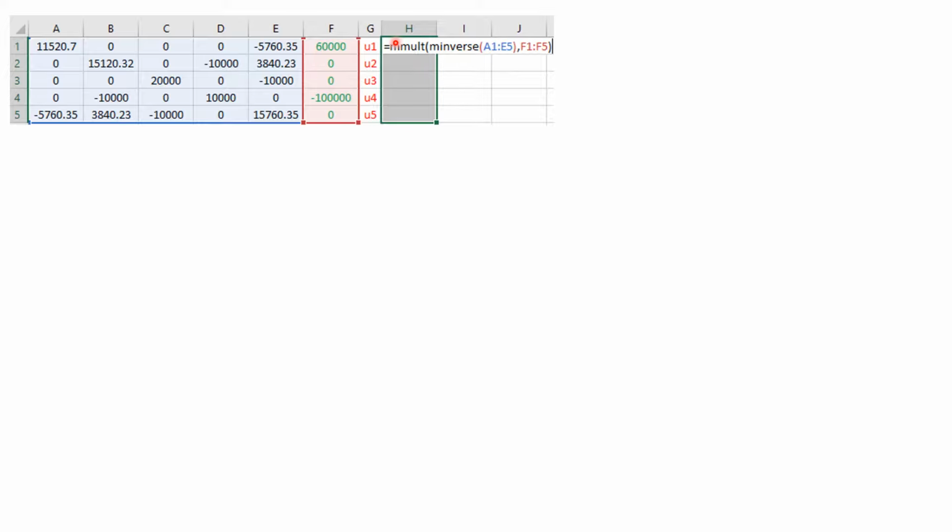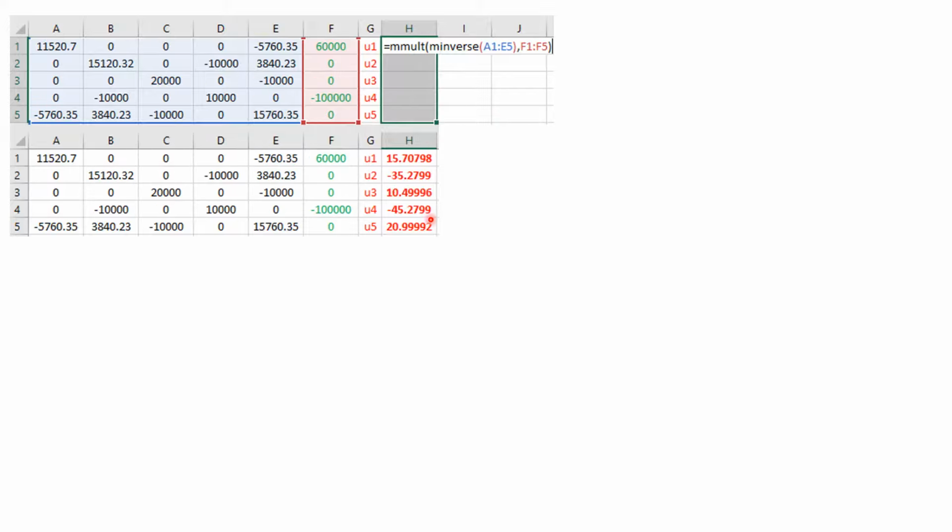For this 5 by 1 matrix, you have to write a function: multiply the inverse of the first array from A1 to E5 with the column matrix at F1 to F5. Hold down control and shift, then press enter.